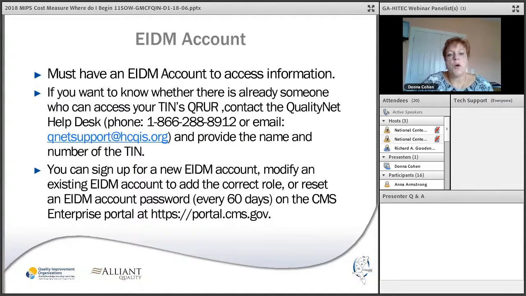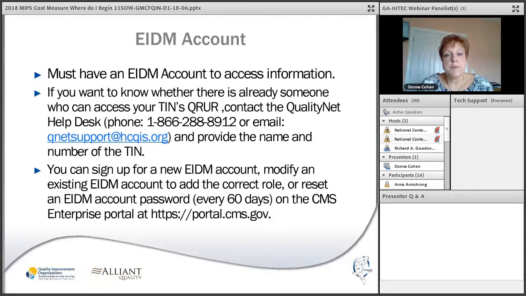If you don't know whether you have an EIDM account, or maybe somebody else in the office is attributed to that TIN and has access to that EIDM account, you can either email QualityNet at the email address you see listed on the screen, or you can call the number and provide the name and the number of the TIN, and they will actually look this up and tell you who has access under this particular TIN.